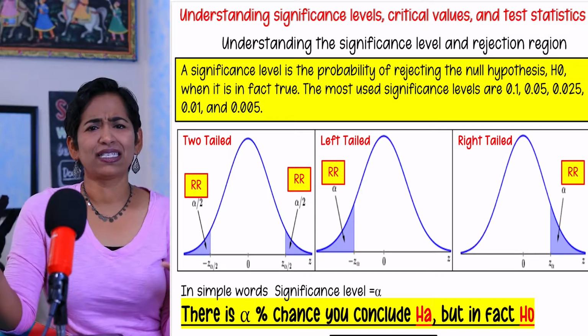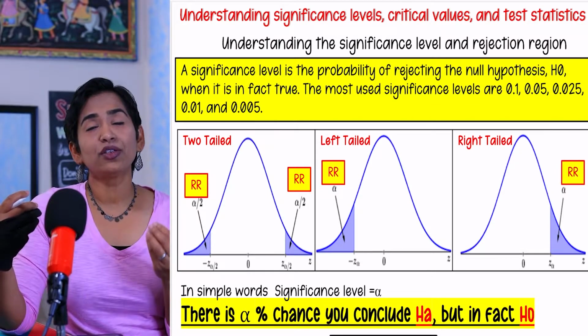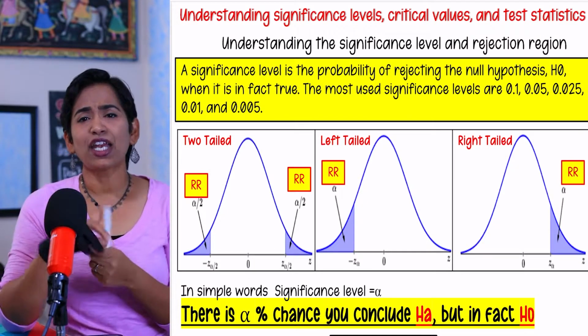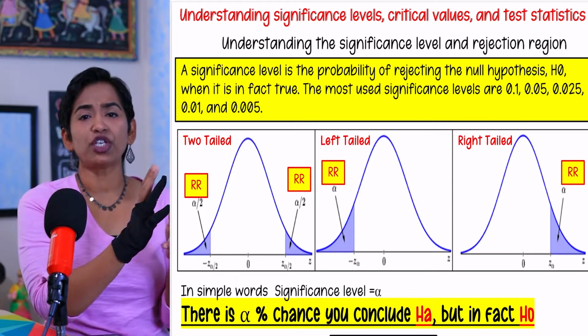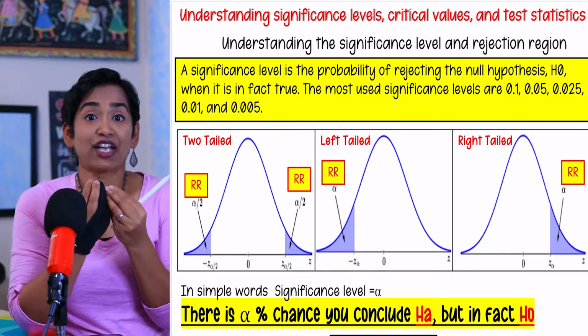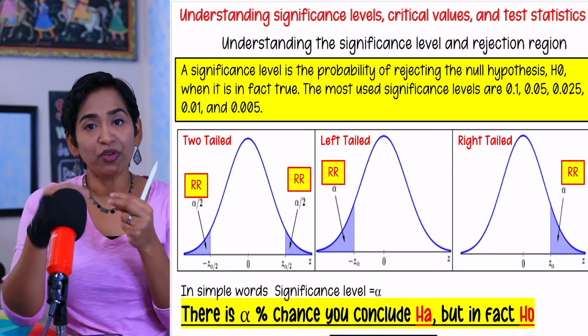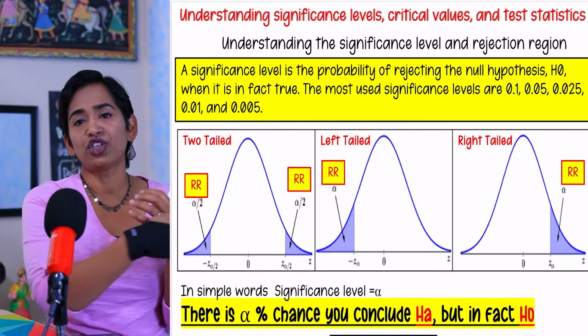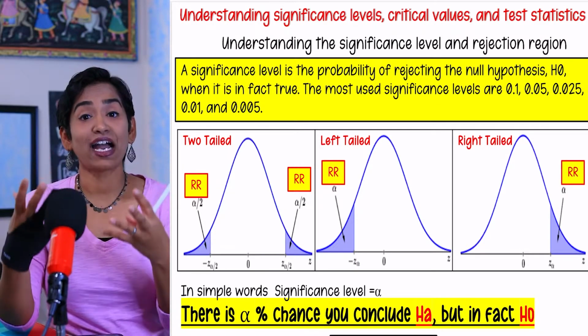What exactly does that mean? Your significance level is the probability that you will be rejecting your H naught when your H naught is actually true. Let me repeat this: you are rejecting your H naught when your H naught is actually true.